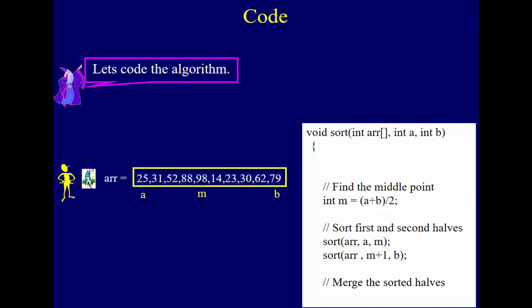So what do we have to tell merge? Merge needs to know the array, and merge needs to know A and M and B. Oh, I made him a different guy because he's not a friend of ours.